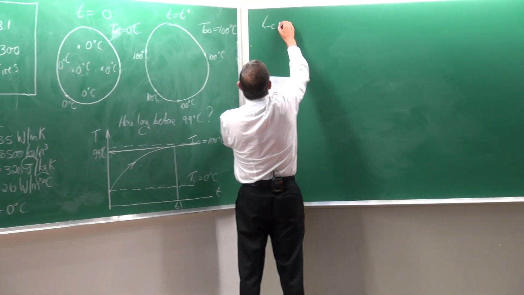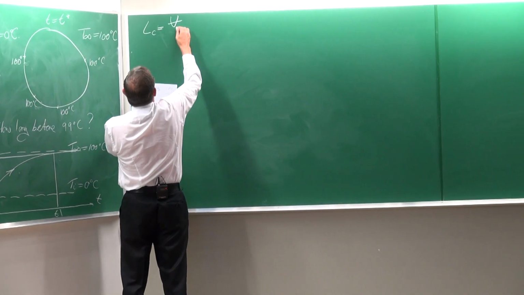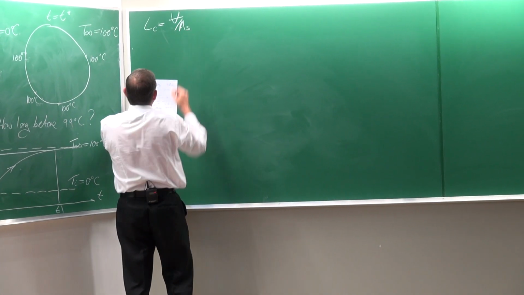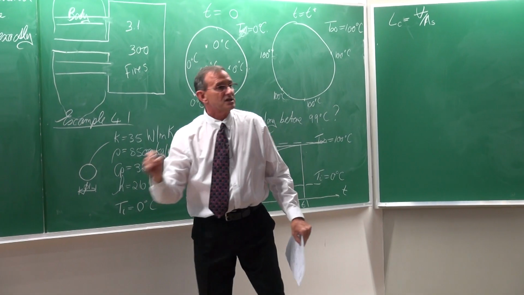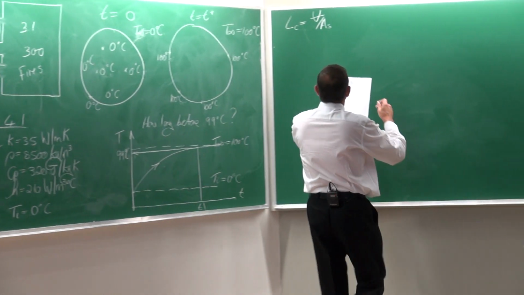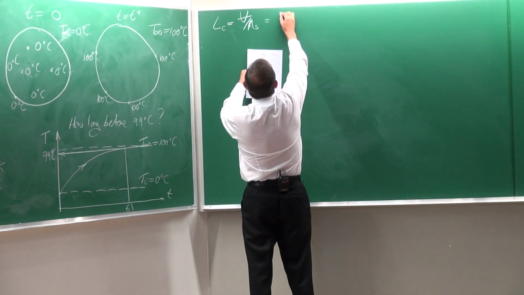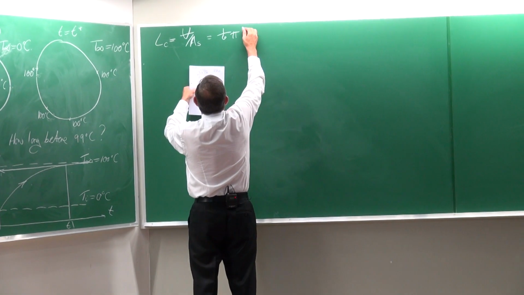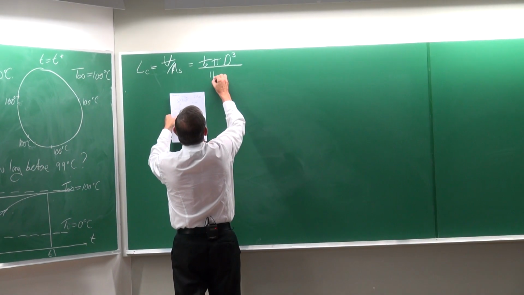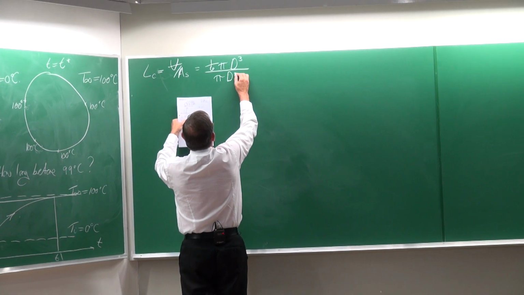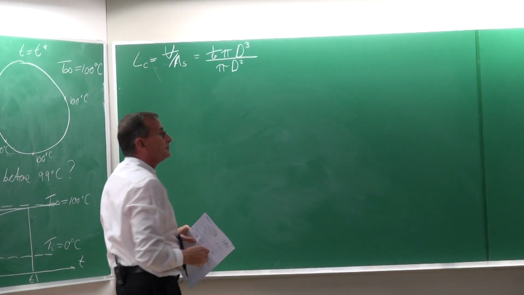The characteristic length is equal to the volume divided by the surface area. This thermocouple junction is a sphere, so the volume of a sphere is equal to 1/6 pi d cubed, divided by the surface area of a sphere, which is pi d squared.